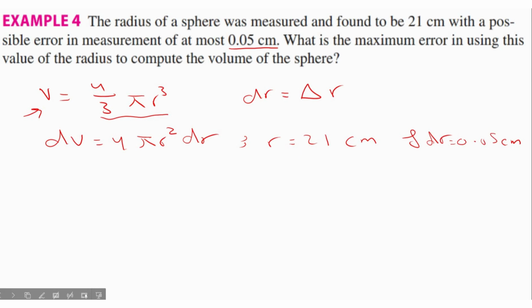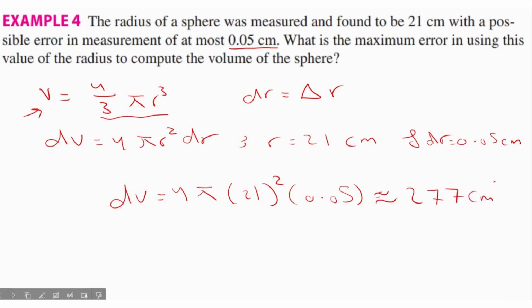Now if we compute this using the values that we have, dv is going to be 4 pi times 21 squared times 0.05. If we compute this, we will get approximately 277. Now the maximum error in the calculated volume is about 277 centimeters cubed.